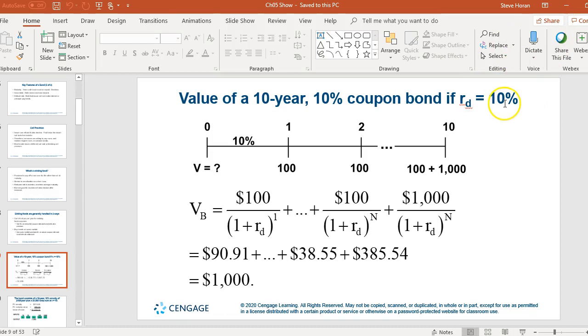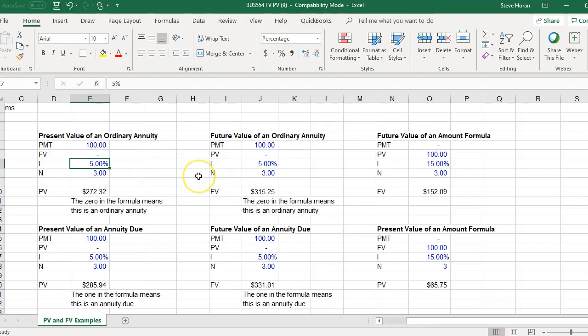But in this example, R sub D is 10%. Okay, so I'm going to use 10%, and then N is 10 years. And I also have to put in the future value of $1,000. Okay, then I get exactly $1,000. And the reason it's exactly $1,000 is the coupon rate of 10%, my 0.1, is exactly the same as my market rate of 10%.